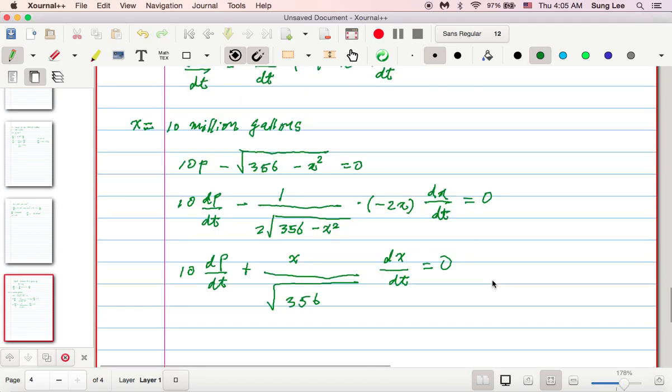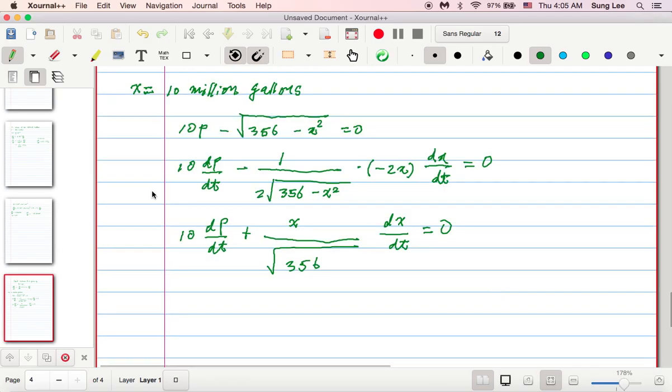Okay, so in this case, with x equals 10, I'm not going to write down the unit, million gallons.